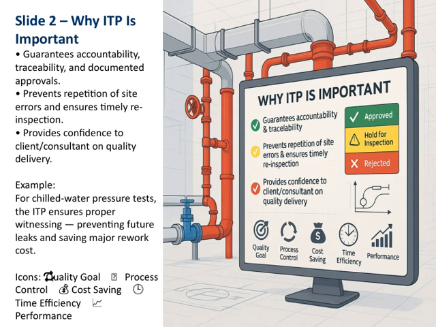This not only saves us from costly rework, but also keeps the project on schedule and within budget. And if you look at the icons here, quality goals, process control, cost savings, time efficiency, and performance, they all tie back to how ITP helps us achieve these vital project objectives.